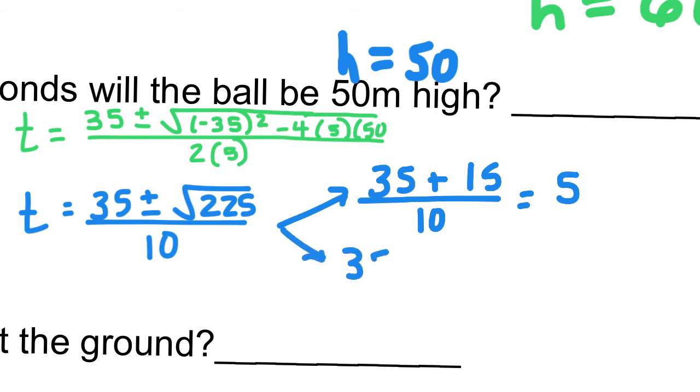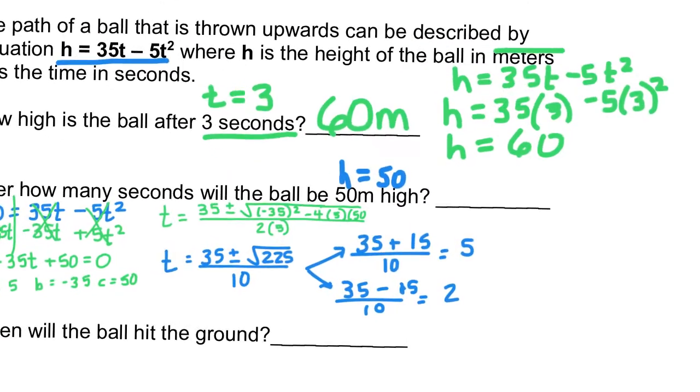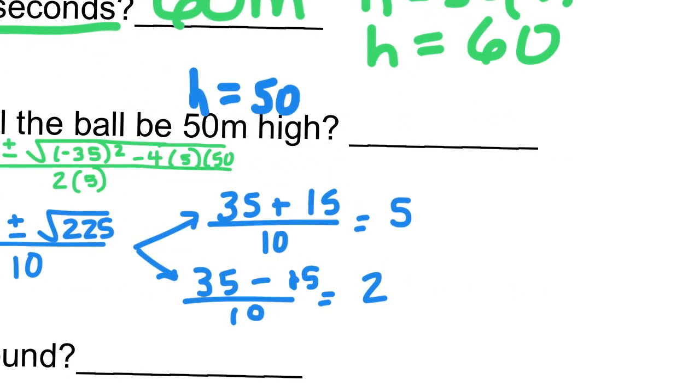And then 35 minus 15 over 10 will give us a solution of 2. So after how many seconds will the ball be 50 meters high? Well, there's 2 answers to this. It will be 50 meters high after 2 seconds and after 5 seconds.